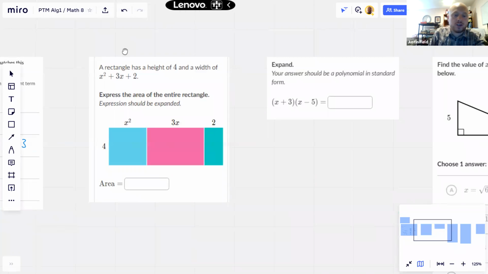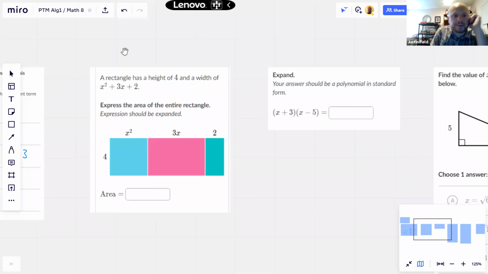Then we're going to talk about multiplying them, adding, subtracting. So when we multiply using the area model, you know that area is length times width, right? A rectangle area is length times width. So we have 4 is our width, I guess.